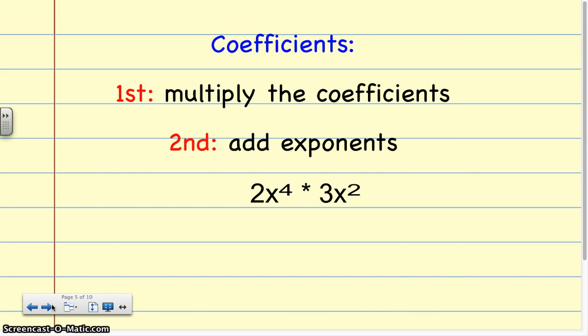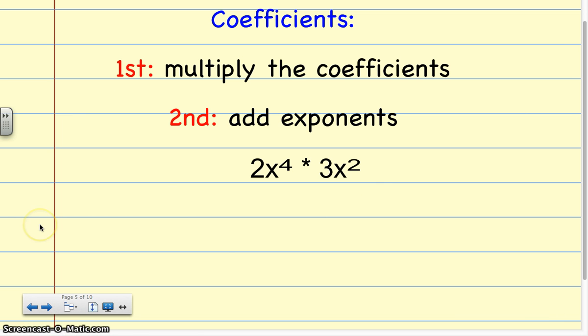If there's coefficients involved, all we do is multiply the coefficients and then add the exponents. That's the whole kit and caboodle right there. Multiply the coefficients and add the exponents. So with a coefficient example, I can just pull the coefficients out.